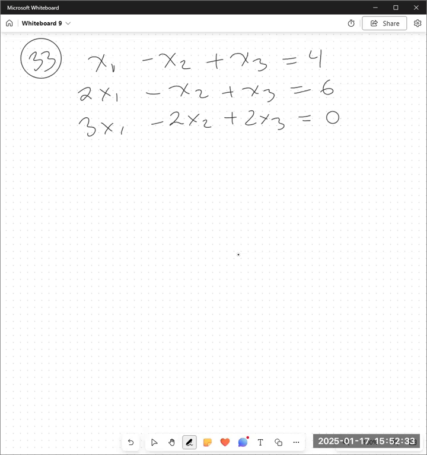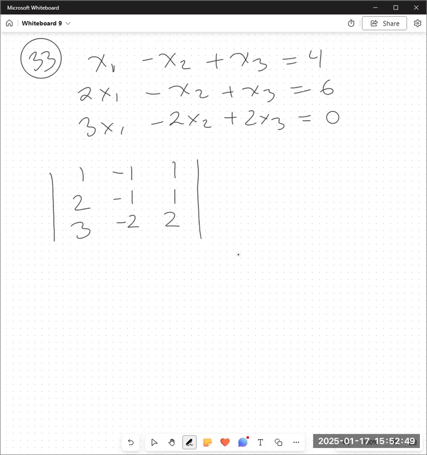So we're going to change this into a determinant. 1, negative 1, 1, 2, negative 1, 1, 3, negative 2, 2.